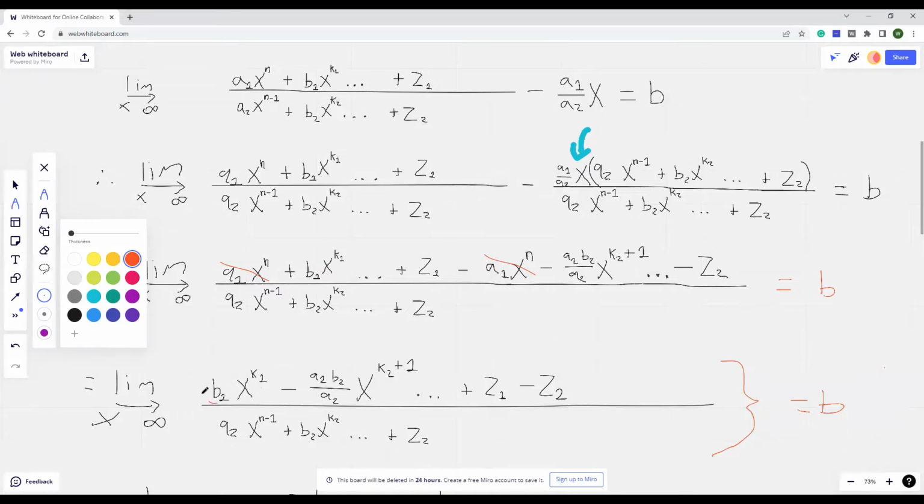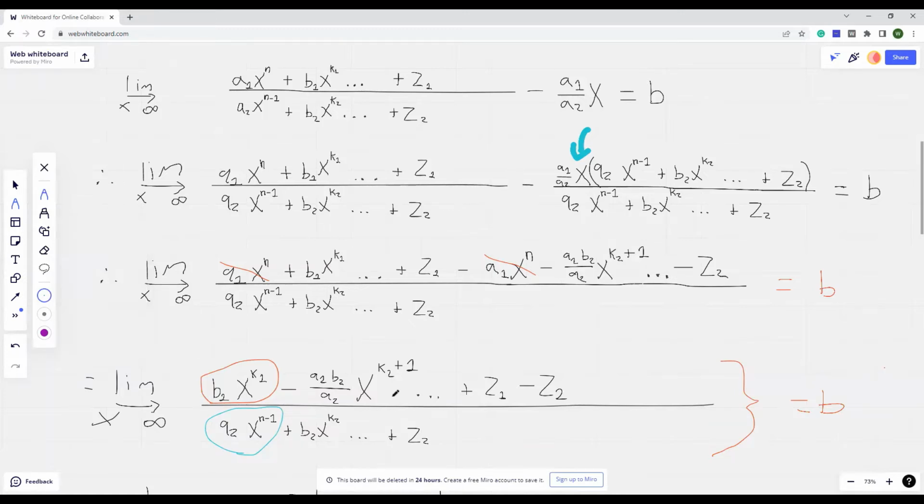So this term right here, I'll circle in red, that can potentially dictate what happens to the polynomial as x approaches infinity. This one in the denominator, the one raised to the highest power in the denominator, can certainly dictate the behavior of the polynomial as x approaches infinity.